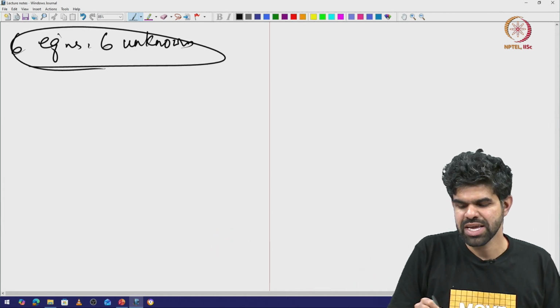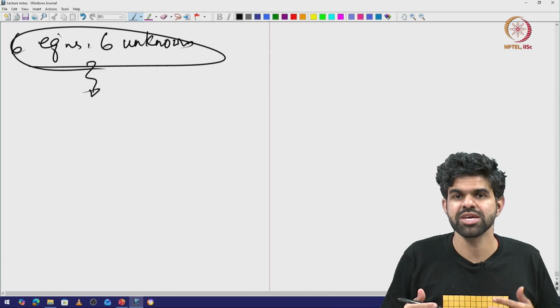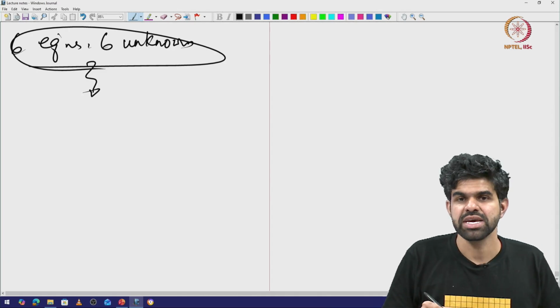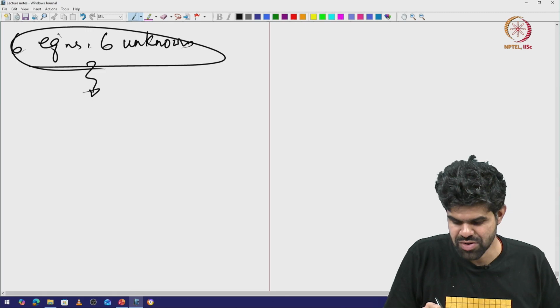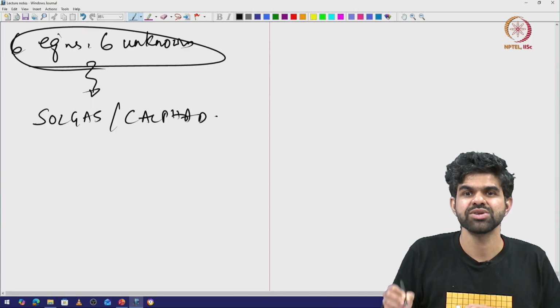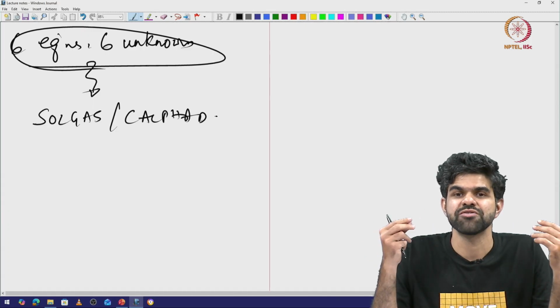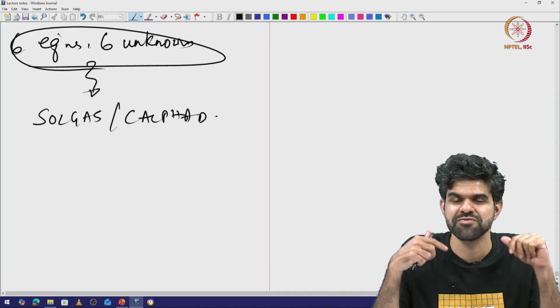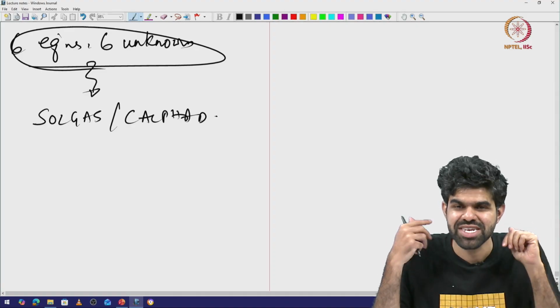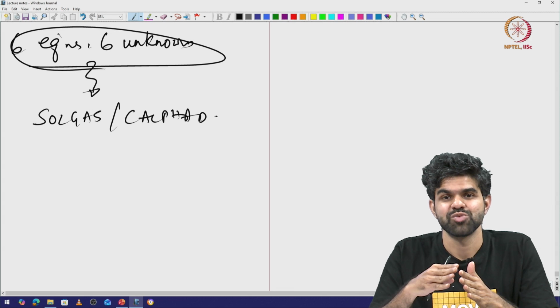I can either solve it numerically, but typically that is always hard. So I can use software such as Solgasmix or CALPHAD, right, which essentially solves for equilibrium. It gives me the activities of various species, or fugacities, or concentrations of various species at equilibrium, right. That is reaction thermodynamics.